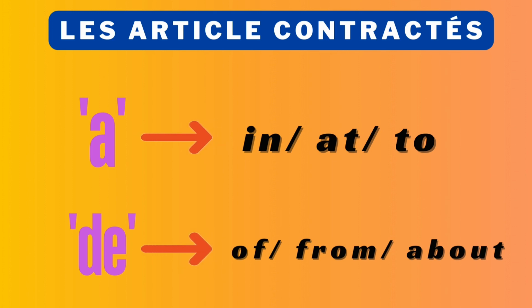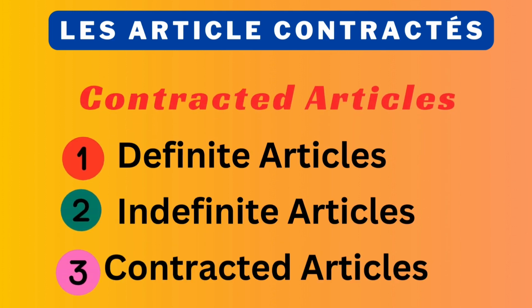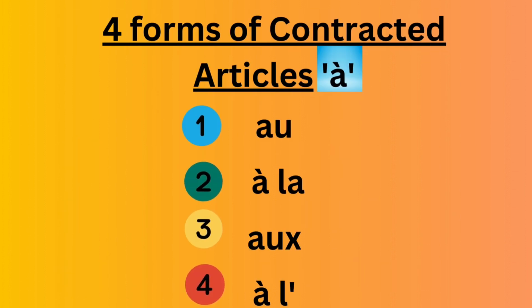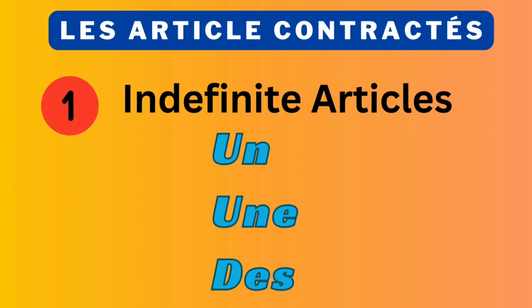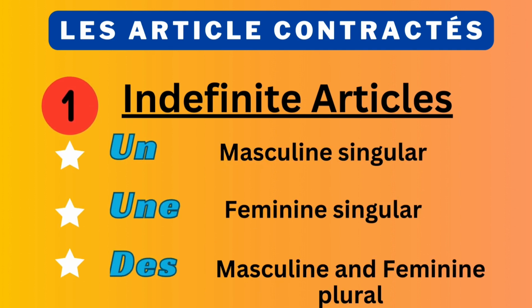Before we jump into contracted articles, let's quickly review the different types of articles in French. The indefinite articles in French are un, une, des. Un is for masculine singular nouns, une for feminine singular nouns, and des for both masculine and feminine plural nouns.